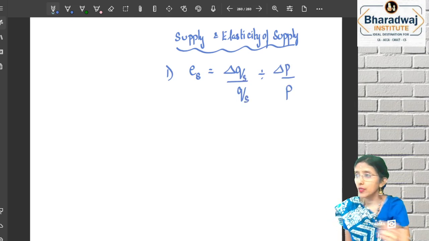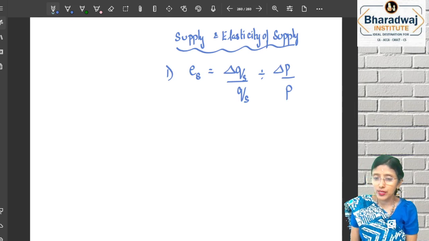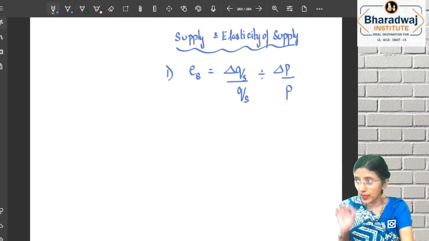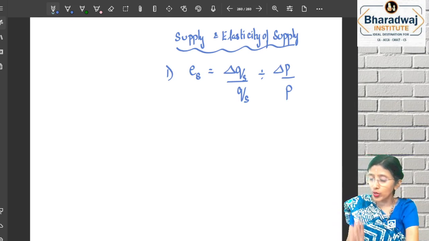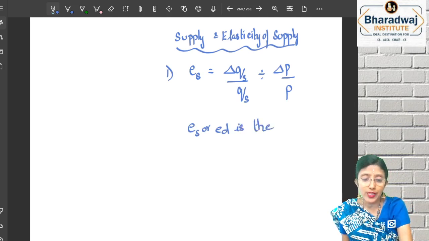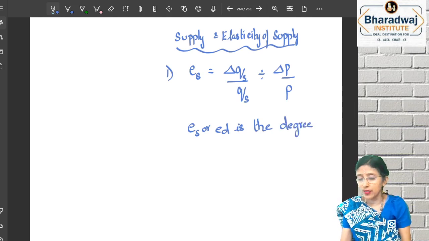We should have this in mind very carefully. When the definition is given in 4 statements, please choose this only. ES or ED is the degree of responsiveness. That is a perfect and most appropriate answer.